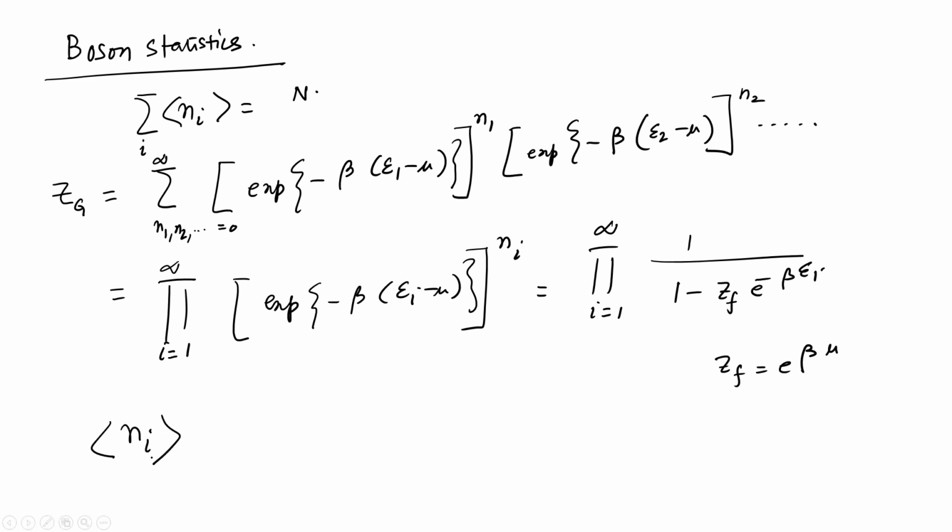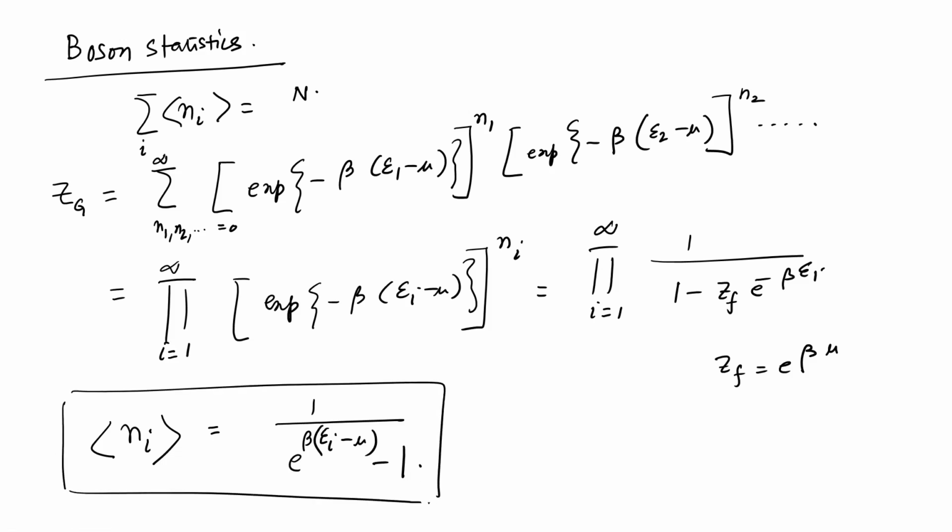Now, you know the prescription, we have done it a number of times. So, this can be written as 1 over e to the power beta (epsilon_i minus mu) minus 1, and this is called the Bose distribution function, or it is for bosons, okay, or it is also called the Bose-Einstein distribution function.